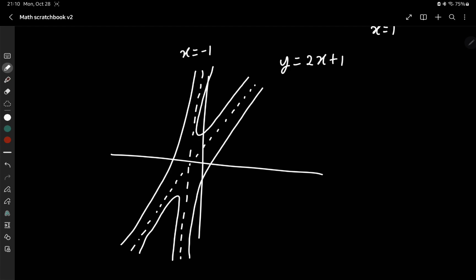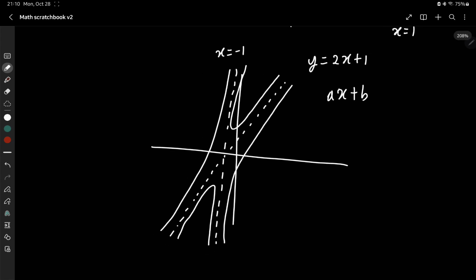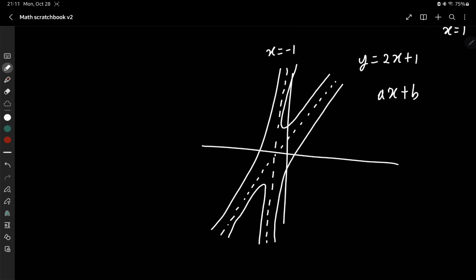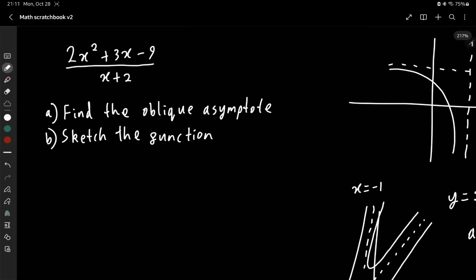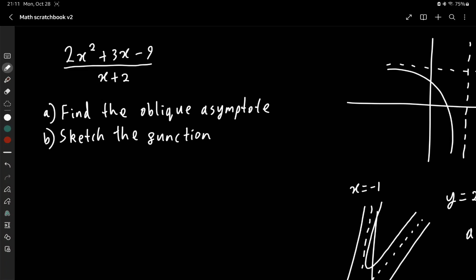Again, not accurate at all, but an oblique asymptote would be in the form ax plus b. And this is, again, when it's not able to pass this line, essentially.